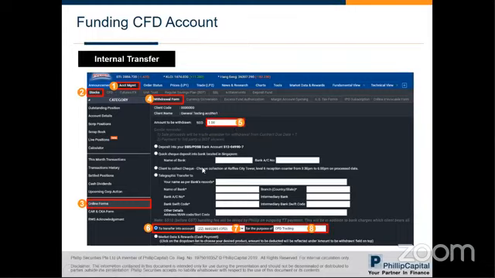Step number 5, and step number 6, which is the last step, is to choose the account number you want to transfer to, with the bracket CFD. Then the funds will be transferred into that particular CFD account. The purpose you can write whatever you want, as long as it's suitable. Then click submit and key in your password. Your fund transfer will be processed based on the cutoff time.